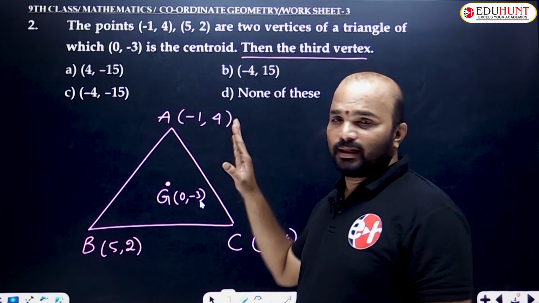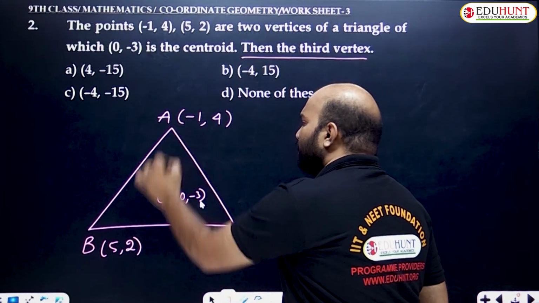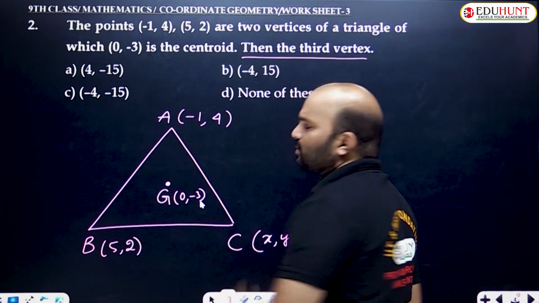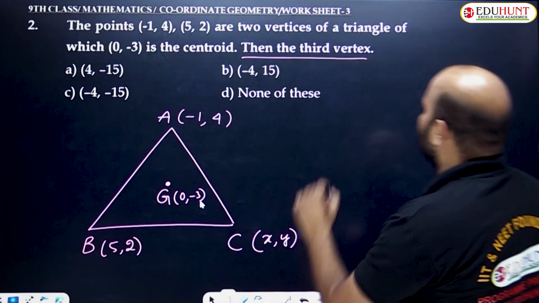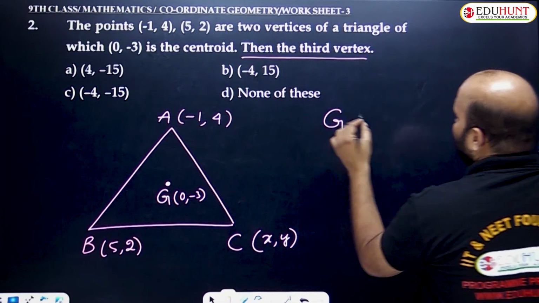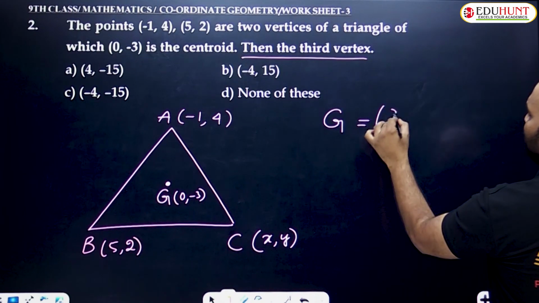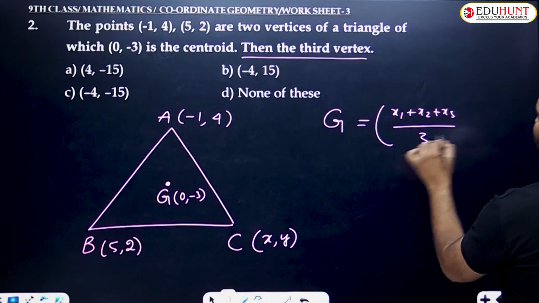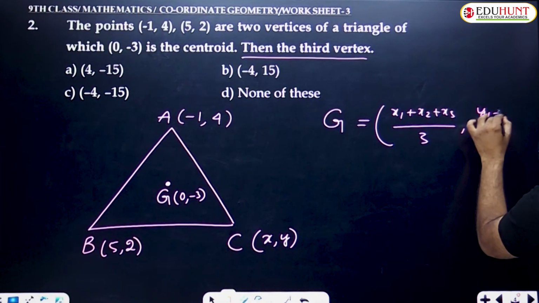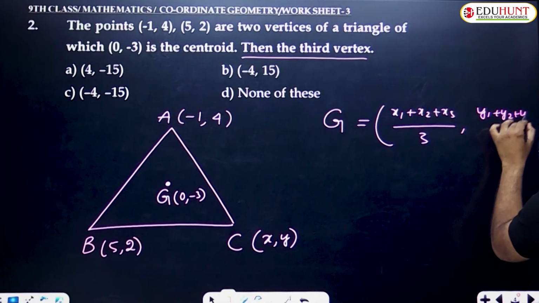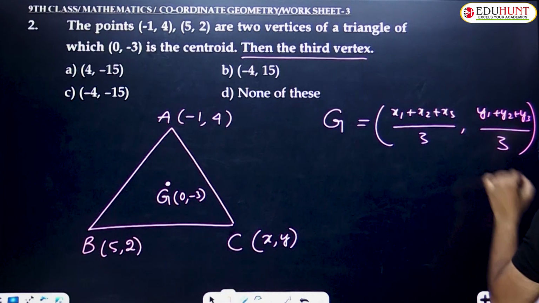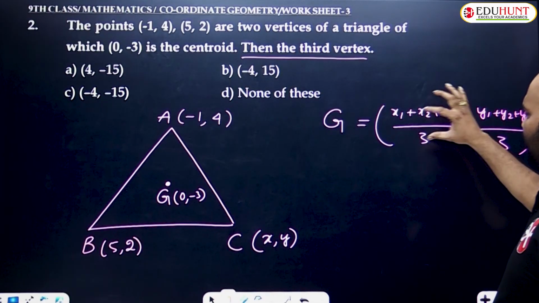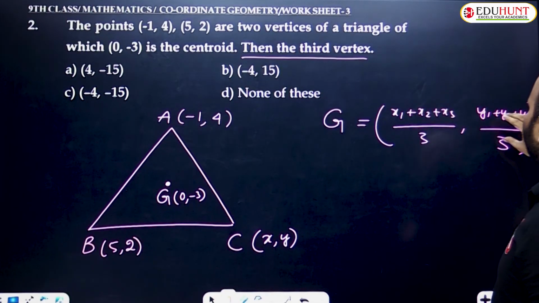It is a line segment drawn from a vertex to the midpoint of the opposite side, from A, B, C. The intersection point is called the centroid, G. We can use the centroid formula: G equals (x1 plus x2 plus x3) by 3 comma (y1 plus y2 plus y3) by 3. This is the centroid formula. Am I clear? It is nothing but the average of the x coordinates and the average of the y coordinates.